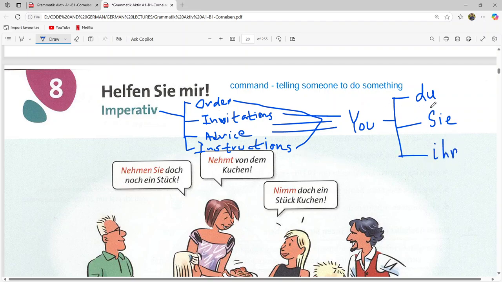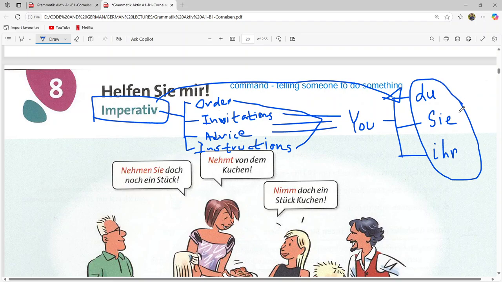So based on this we use the imperative form. The imperative form always happens with these pronouns, du, Sie and ihr.